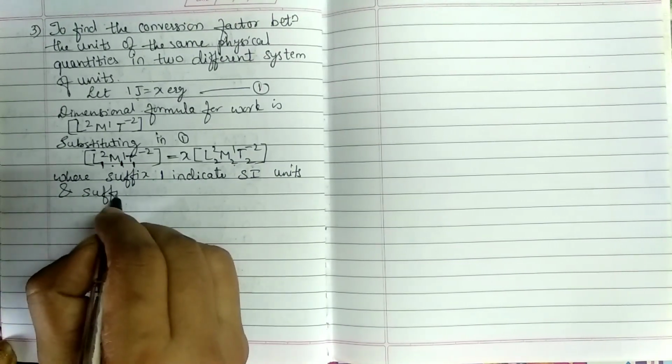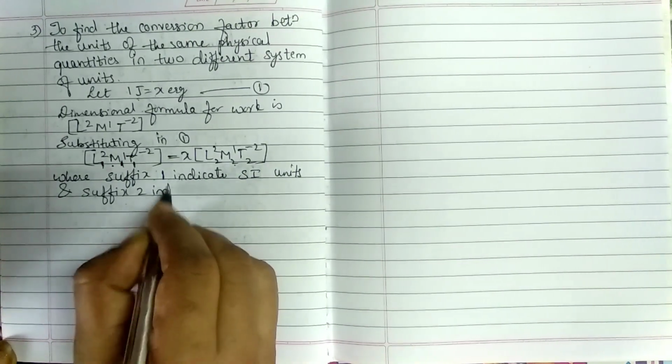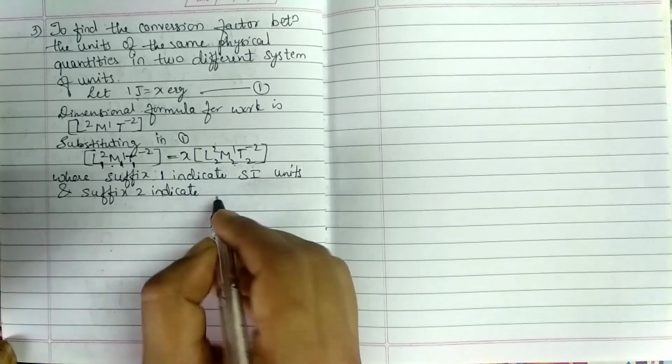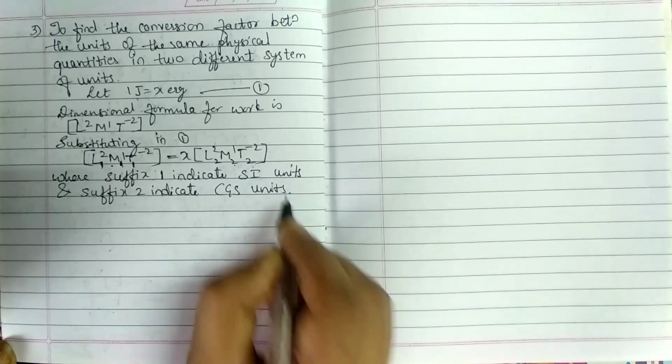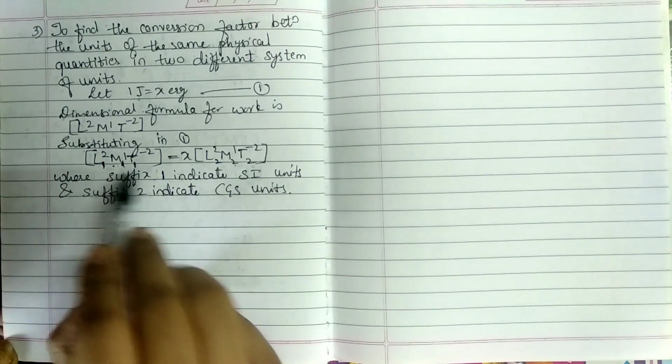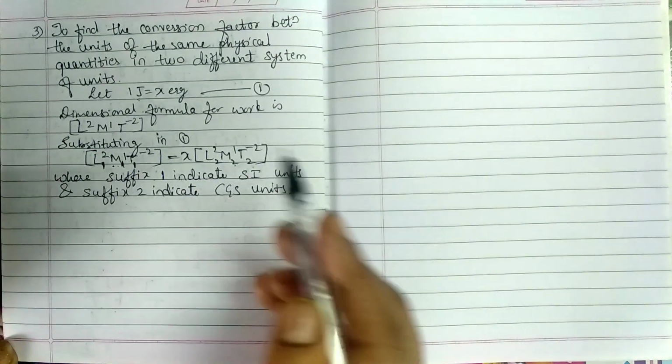Suffix 2 indicates CGS units. So one side SI I took, one side CGS I have taken.